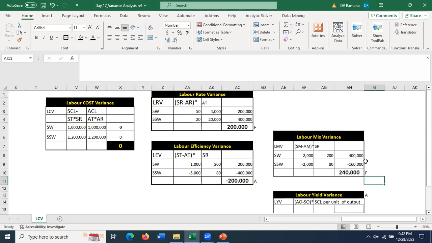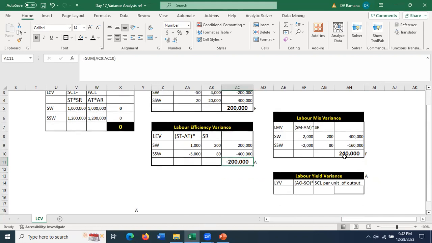But as I mentioned, the variances can be calculated in isolation; don't interpret them in isolation. Is a favorable labor mix always good, or does it depend on the overall effect? We can see that overall efficiency is negative, adverse. This can also be examined through the yield variance, the net effect.